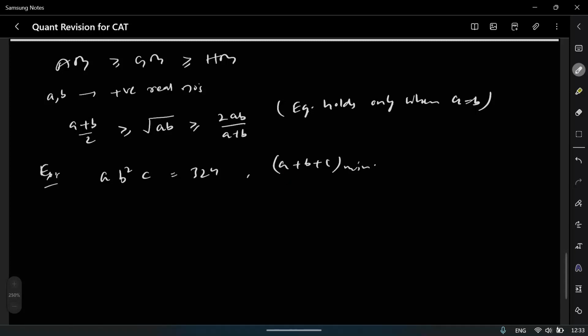So if you observe one thing, you have to find the value of A plus B plus C, right? But here it is given B square.